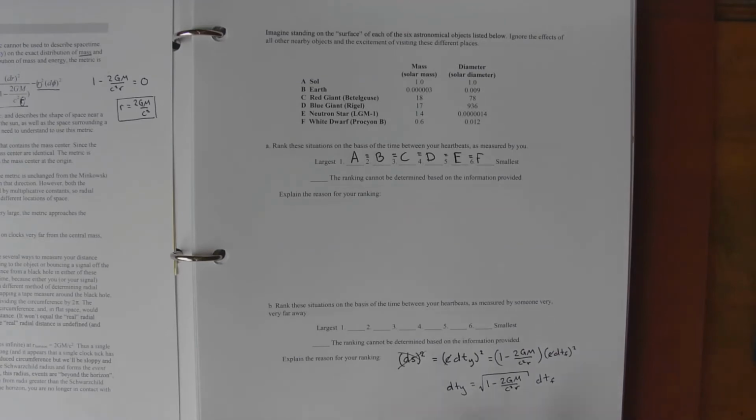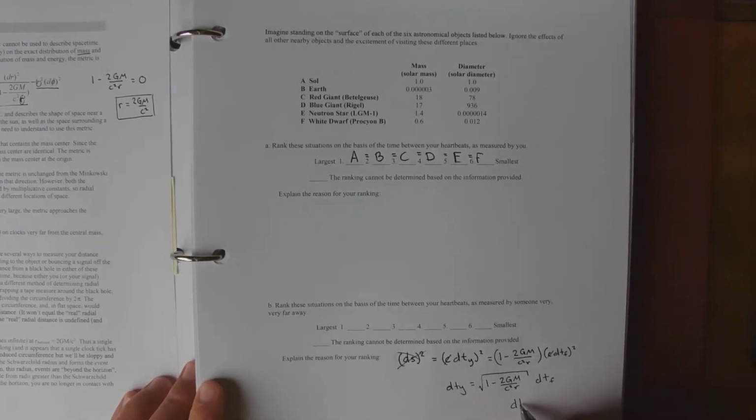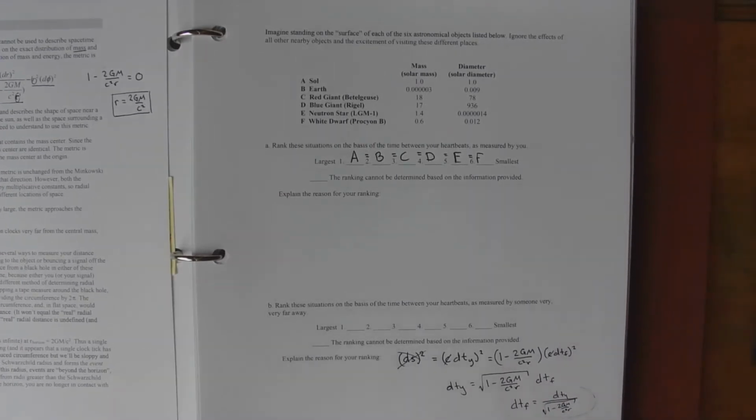But what we know is what you measure, and what we're trying to find out is what a faraway observer would measure. So dividing both sides by the square root of 1 minus 2GM over c squared r gives us this equation, which we are going to use for our ranking. Also remember that the 2GM over c squared is the event horizon, so you could calculate the event horizon first and then just say this is the square root of 1 minus the event horizon divided by r.